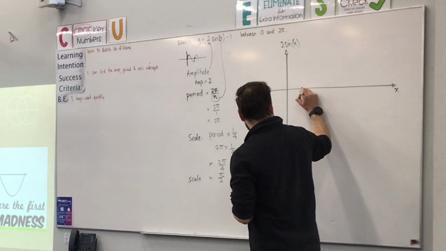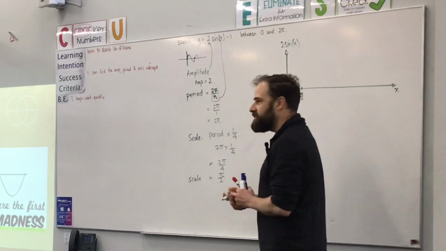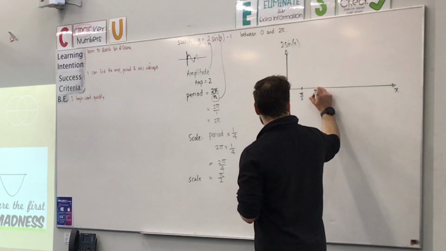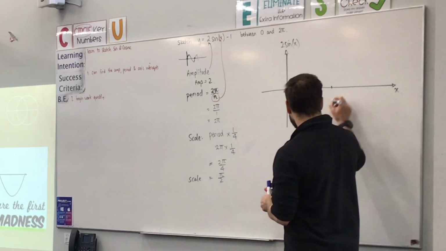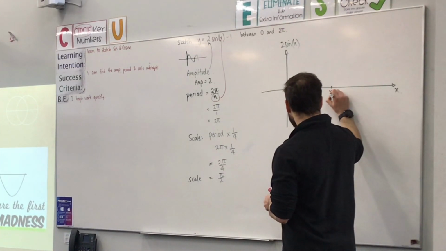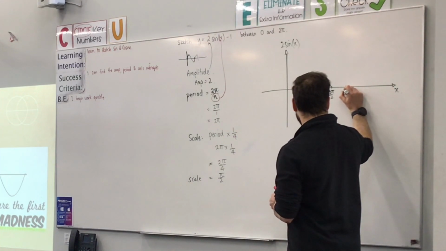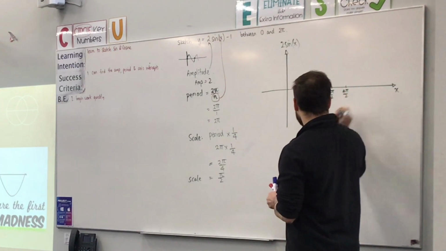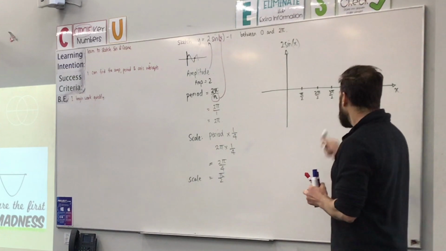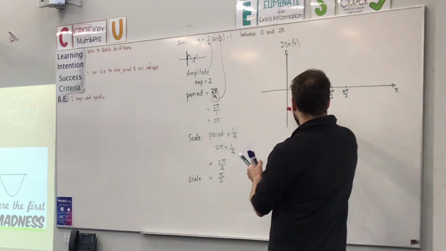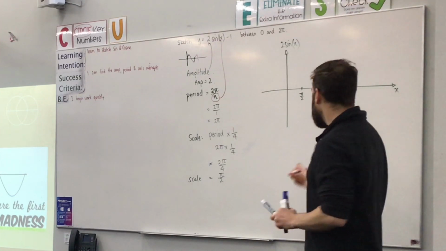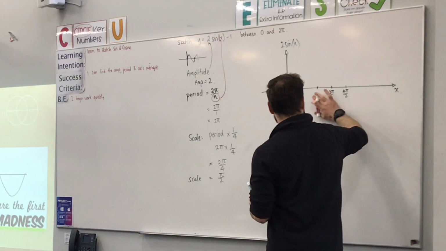So my first point is going to be pi over 2. My second point is going to be 2 pi over 2. My third point, have a guess, 3 pi on 2. Fourth point, 4 pi on 2. What's 4 pi on 2 the same as? 2 pi. So I can get my scale on there really quickly and easily. Then I can do some simplifying.